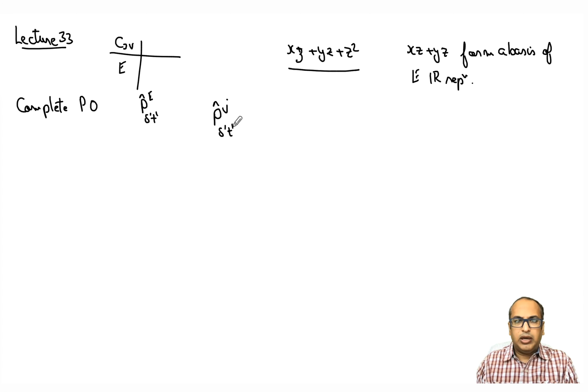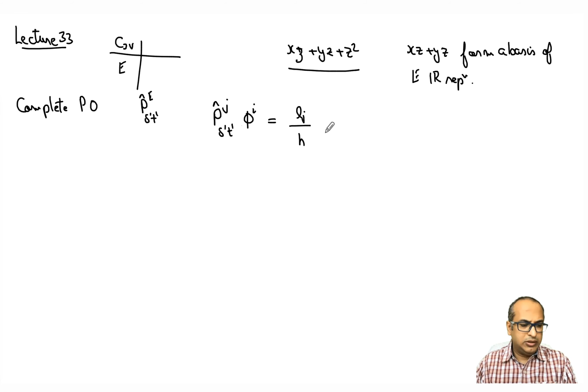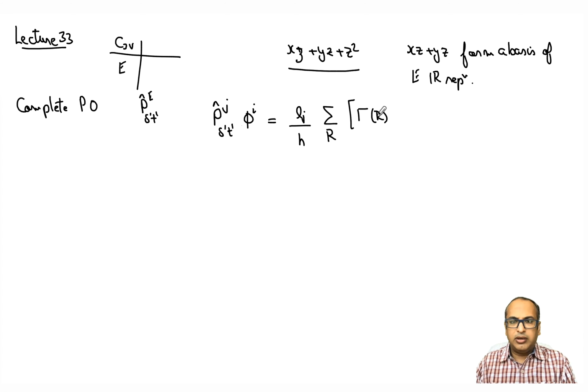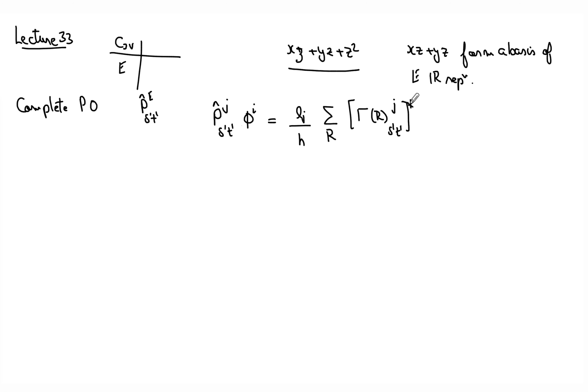You have a typical matrix element, and when it is operated onto a given function, let's say phi_i, this gives you l_j over h times the summation over all R of the corresponding matrix element under the symmetry operation R. The matrix element will be S prime T prime for the jth representation, and if it is a complex number, then its complex conjugate, and then the operator R applied onto it.